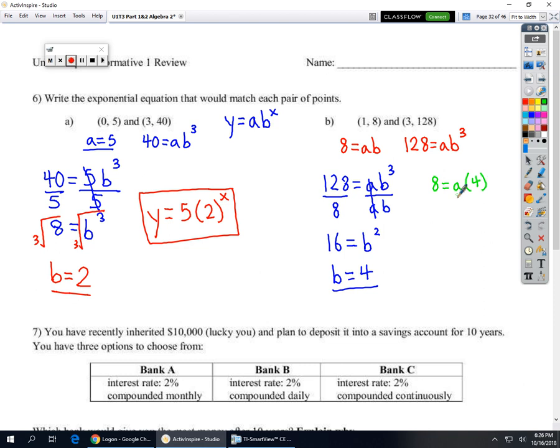How do I get rid of this 4? Divide both sides by 4. These cross out. 8 divided by 4 is 2. So a equals 2. I have my a value, I have my b value, and we're finally going to put it all in an equation. Y equals 2 times 4 to the power of x.